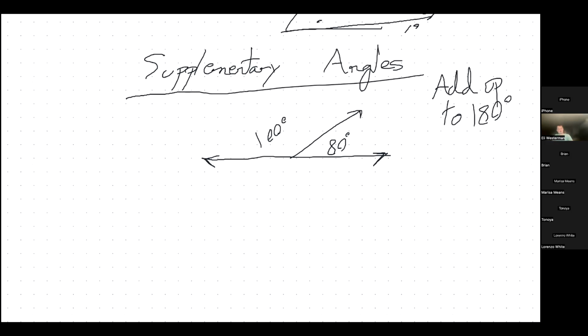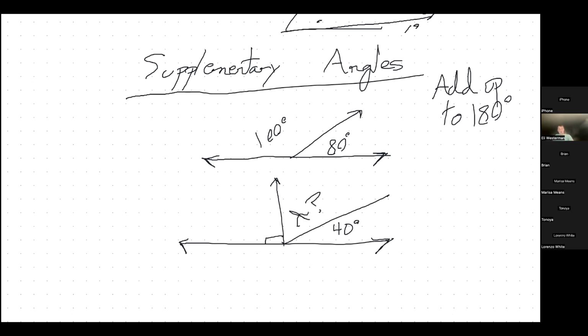So let's try this one. This is a kind of complicated one. We're going to have a 90-degree angle here, and we're going to have a 40-degree angle here. Well, how can we figure out what angle X is? Well, 180 is how much all of them are together, minus 40 degrees.